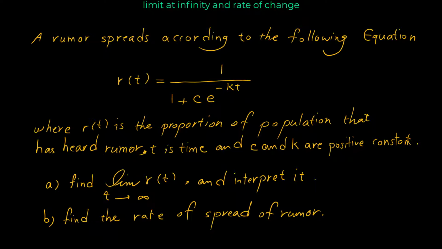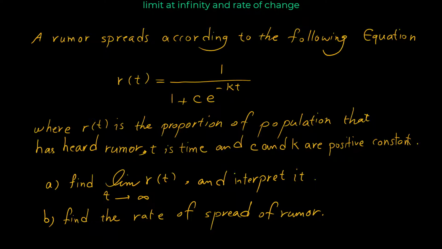In this video I'm gonna show you an example of finding a limit at infinity and an application of derivative. A rumor spreads according to the following equation. R of t is 1 over 1 plus c e to the negative kt, where r is the proportion of the population that has heard the rumor, t is the time, and c and k are positive constants.